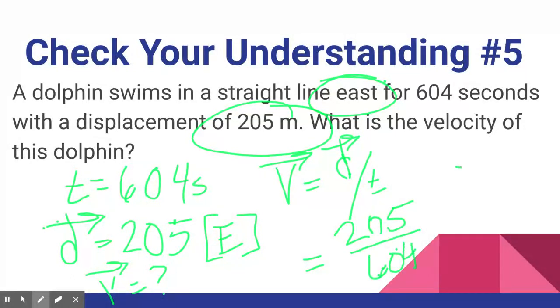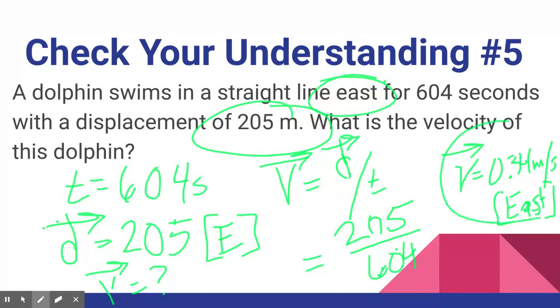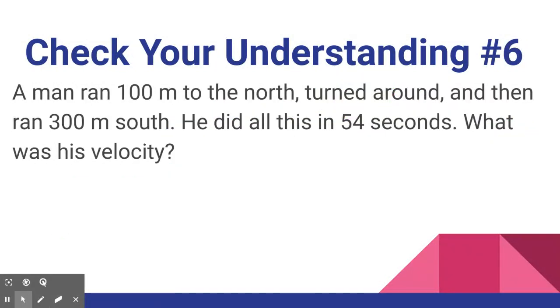So our velocity here is going to be equal to 0.34 meters per second to the east. Okay, and that would be our answer, 0.34 meters per second to the east. Let's see. Yeah, this is the last one, so give this one a go.